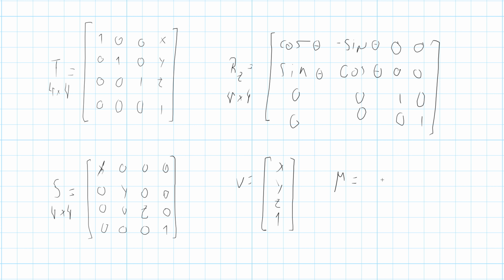M, for example, equals, let's say, we can scale and then multiply by rotation and then multiply by translation. We normally read this from right to left. Okay, so we have our scaling, the rotation and the translation.